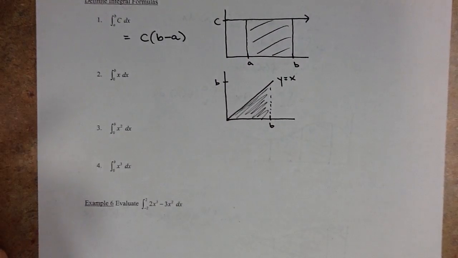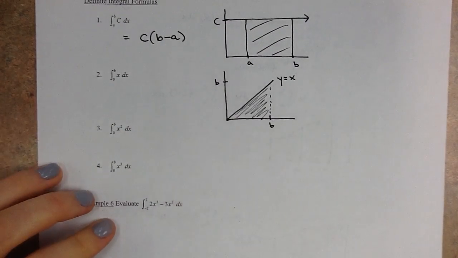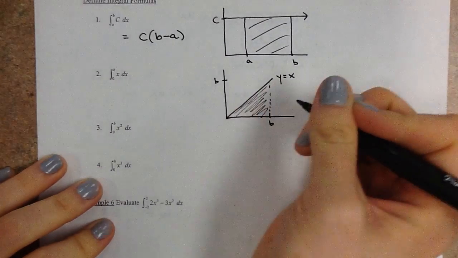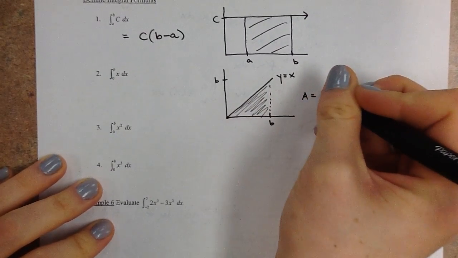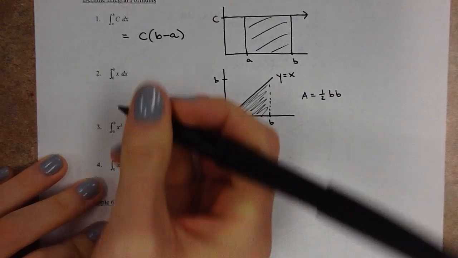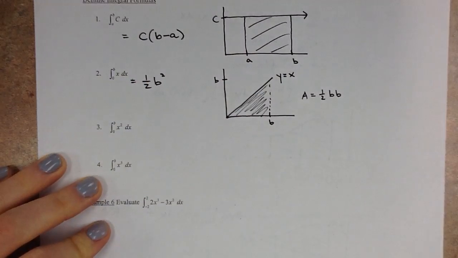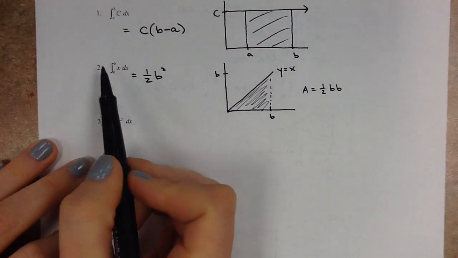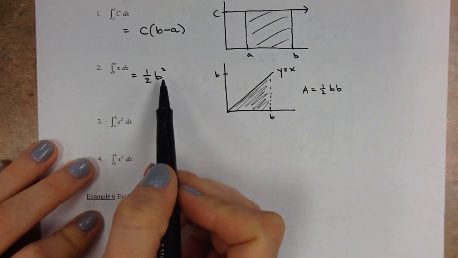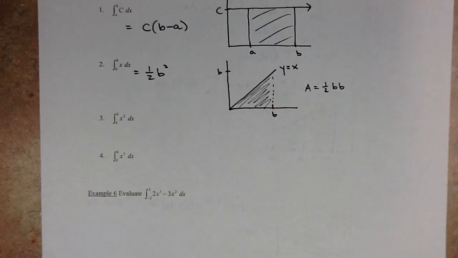Because the line is y equals x, so whatever value you have for x, you get that same value for y. So the area of a triangle, of course, is 1/2 base times height, which means we've got 1/2 times base. All right, so we end up with 1/2 base squared. That's how we get the area. So if we wanted to go from 0 to 5, we would just plug a 5 in here. If we wanted to go from 0 to 10, we would just plug a 10 in here. So that's 1/2 base squared.